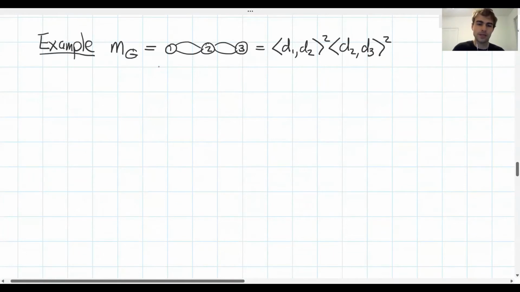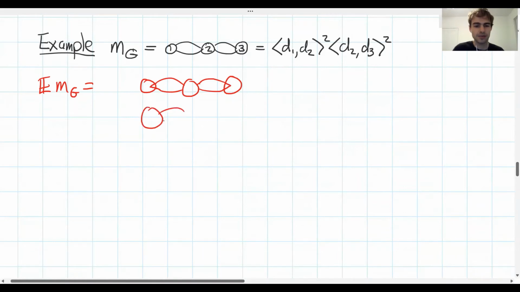So let's say that MG is this slightly larger graph, which is these inner products. Then to compute the expectation of MG, we need to sum over all perfect matching collections in G. So what are the possible ways that we can form these perfect matching collections? Well, at vertex 1, you know exactly how you must pair up incident edges. And same with vertex 3, they must pair like this. For vertex 2, there are 3 possible ways to do it. So let me draw those 3 possible ways. Again, 1 and 3 are the same.